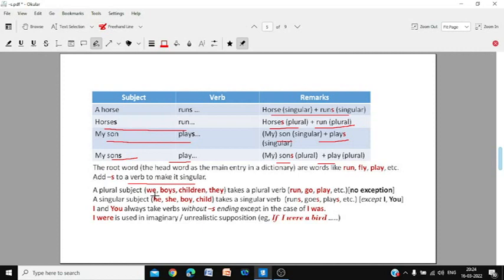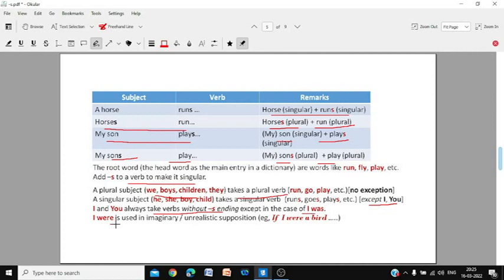A plural subject takes a plural verb, that is without the terminal S: run, go, play. A singular subject takes a singular verb: he runs, she goes, the child plays. The only exception would be I and you. I and you will always take a verb without the ending S. One exception, I was.